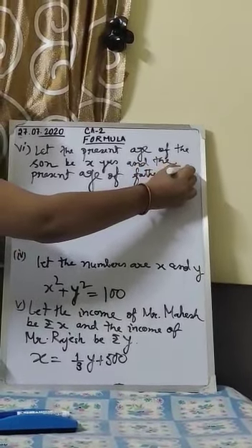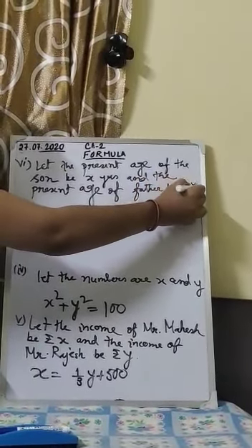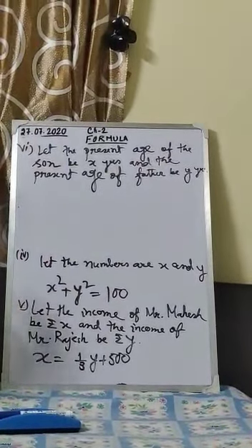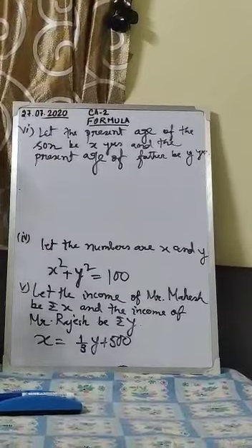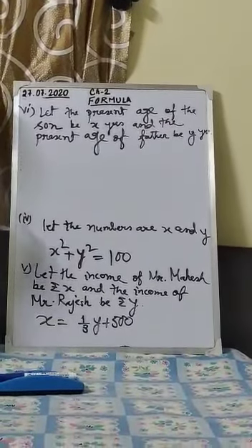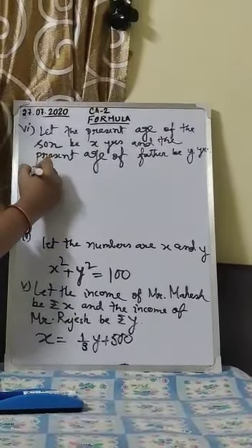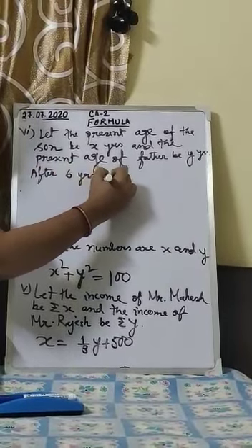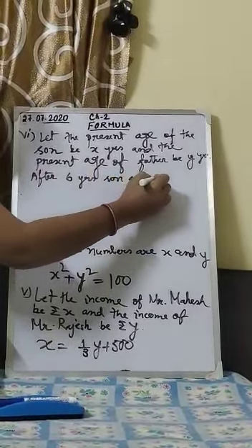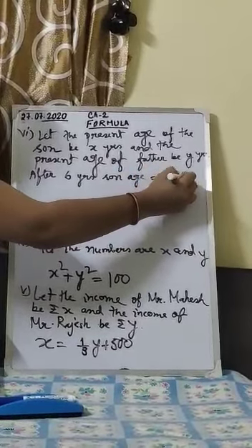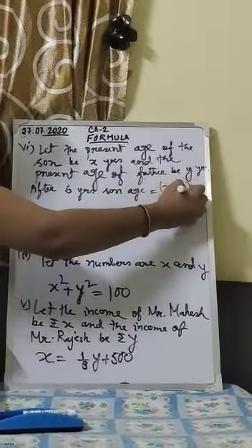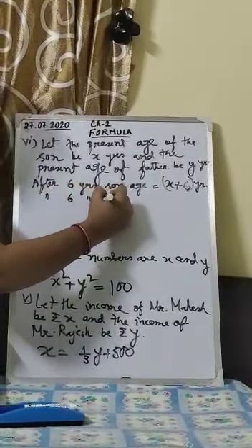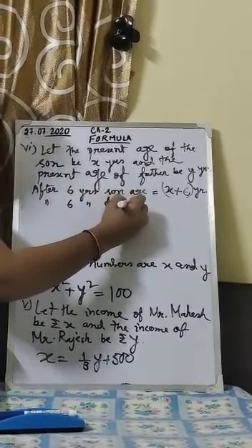Now you have to find the relationship between the father's age and son's age after 6 years. So after 6 years, son's age will be what? x plus 6 years, right? Now after 6 years, father's age will be what?